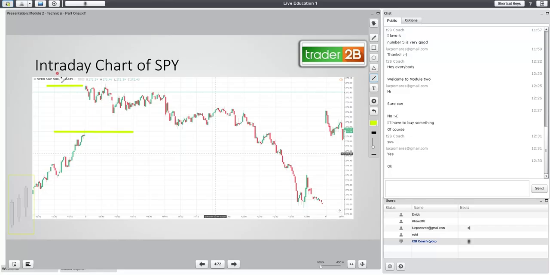In this particular case, because this chart is set to 1 minute, each one of these candles represents a 1 minute time frame within this trading period. So all of these candles represent 1 minute of action, 1 minute of volume taking place, in which the prices fluctuate up and down.